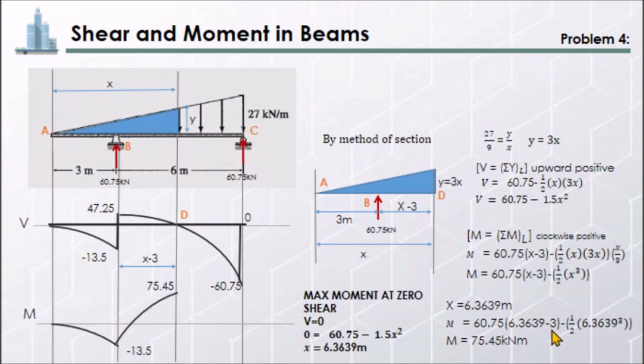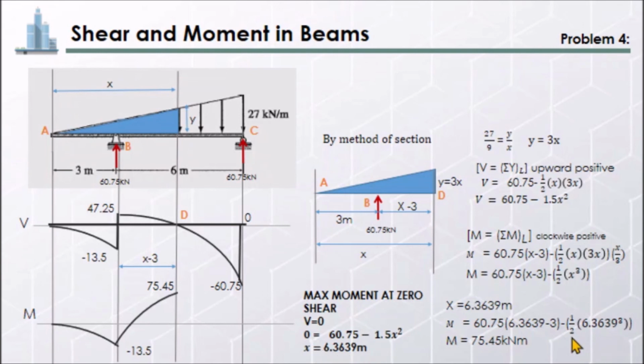Taking moment clockwise as positive, considering this left side, we have 60.75 multiplied by (x minus 3) minus 1/2 x multiplied by 3x multiplied by x over 3. The moment arm of the triangle is x over 3. Simplifying, our moment is 60.75 multiplied by (x minus 3) minus 1/2 x cubed.